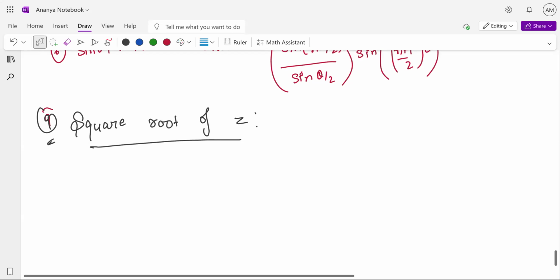You know that I am going to do the square root of it. So z equals, let's say, this is in the form of it, and I have to do the square root of it.